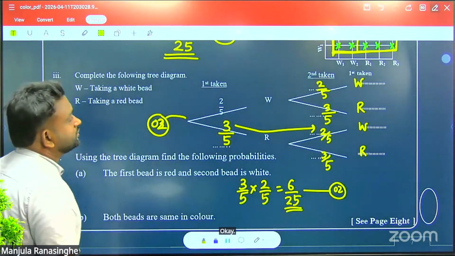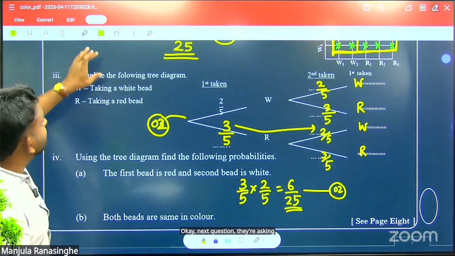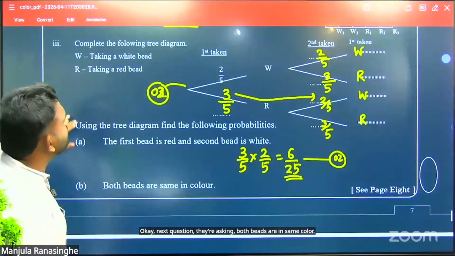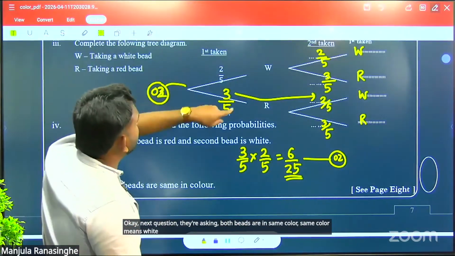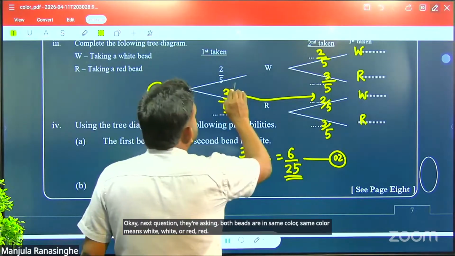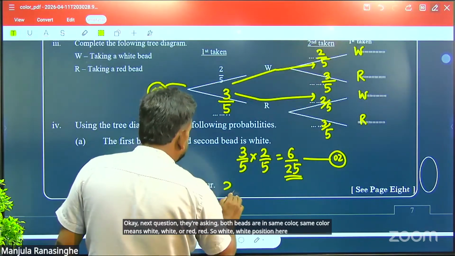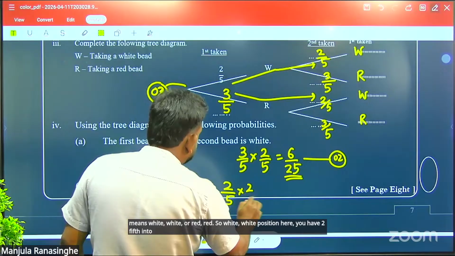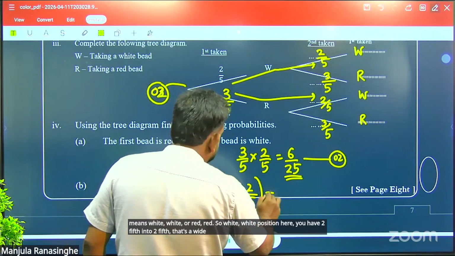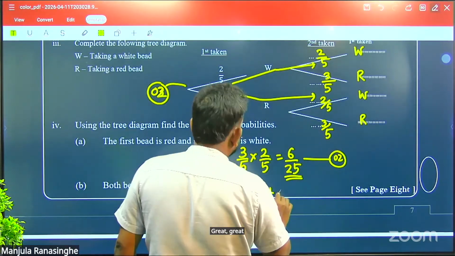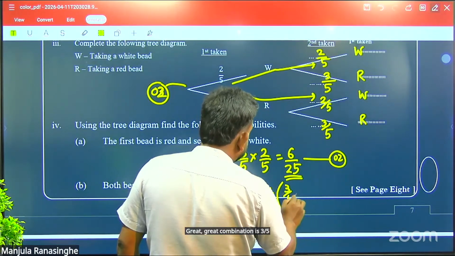Okay, next question they're asking, both beads are the same color. Same color means white or red. So the white position here, you have 2/5 into 2/5. That's the white combination plus the red combination, 3/5 into 3/5.